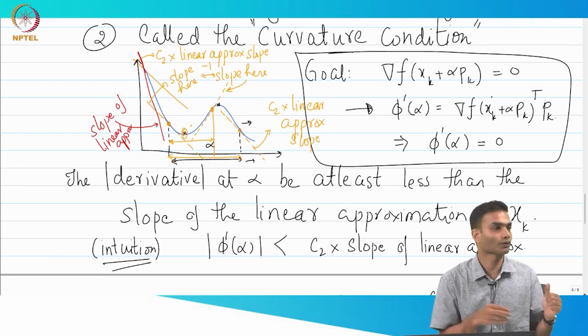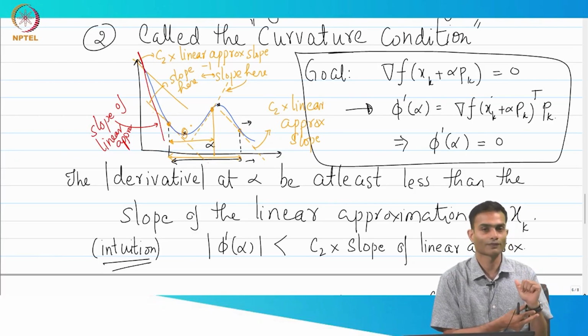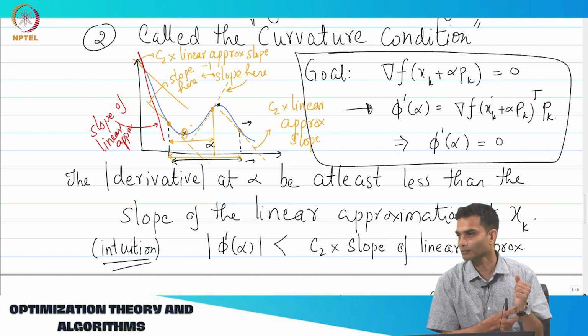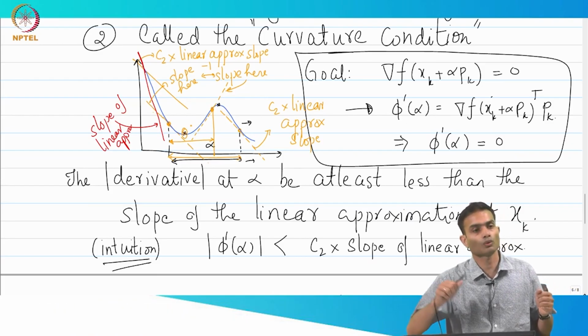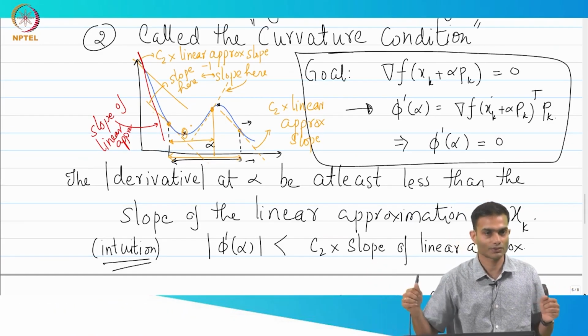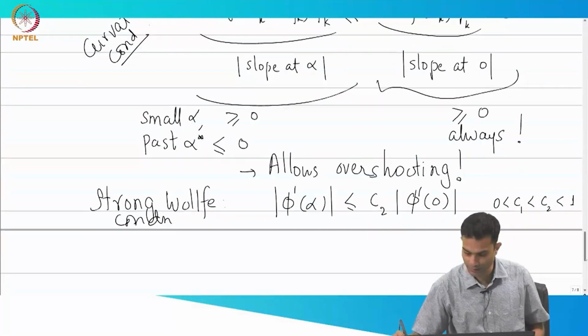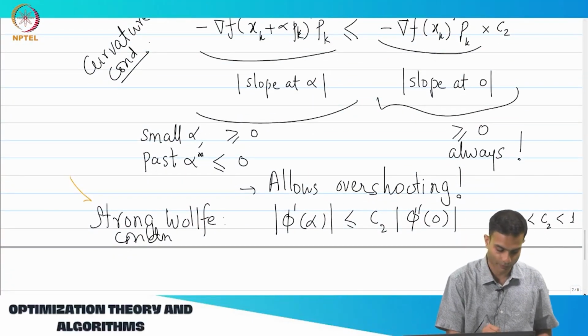If I use the strong Wolfe condition, what have I achieved? First thing is very small values of alpha are rejected. That was clear. Second is I can choose a biggish step now and I prevent overshooting. So put together, this is probably the most effective of conditions.